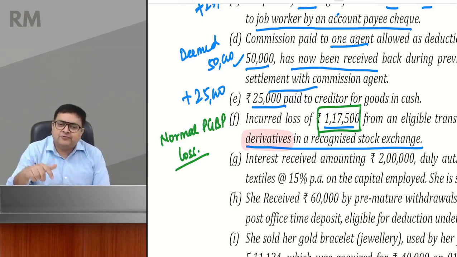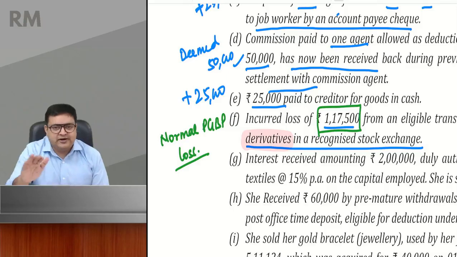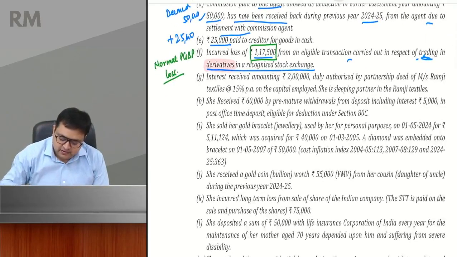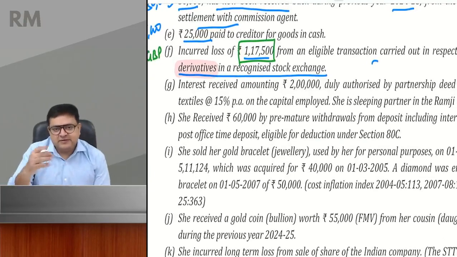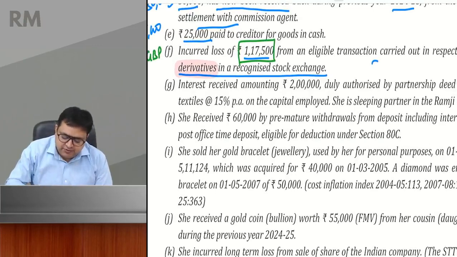I would set it off only from speculative. But derivative trading is not speculative. The nature of derivative trading is this only. It is normal. It's a normal business loss. Please set it off.